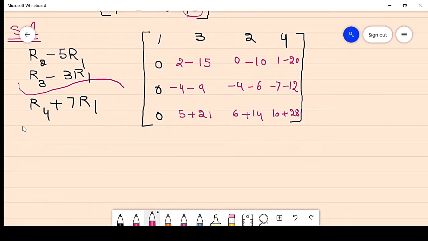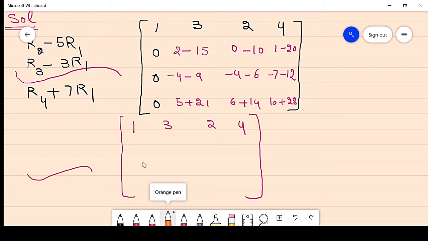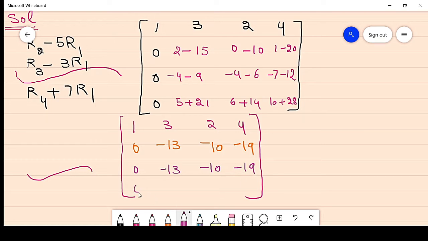The matrix becomes 1 3 2 4; 0 -13 -10 -19; 0 -13 -10 -19; and 0 26 20 38.